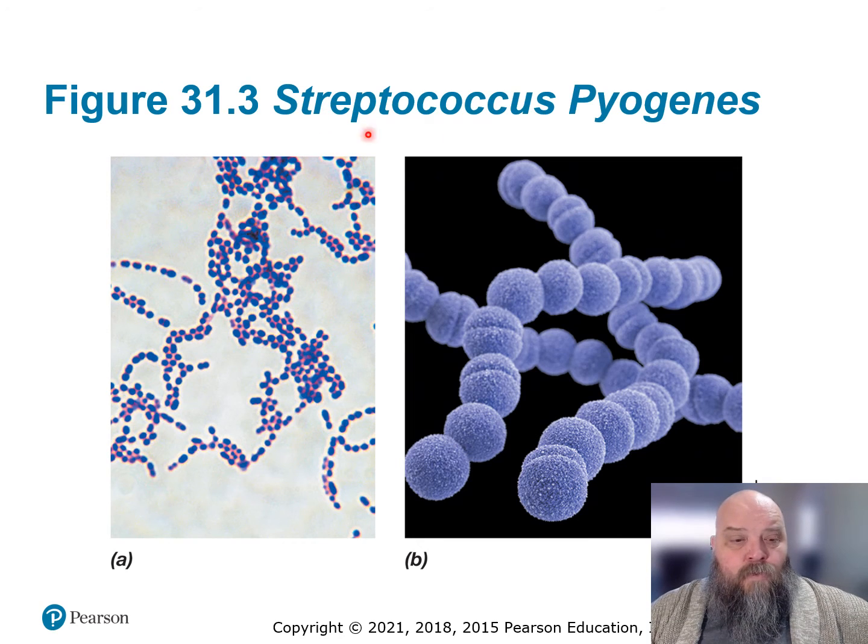The name, Streptococcus. Strepto, Greek for chain, and that is literally how these things grow. As you see here in this computer-colored electron micrograph, you see the beginning of the cellular division.